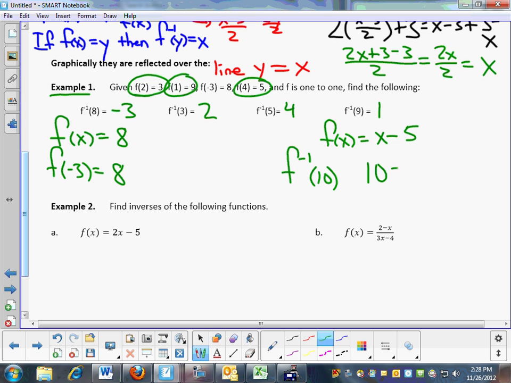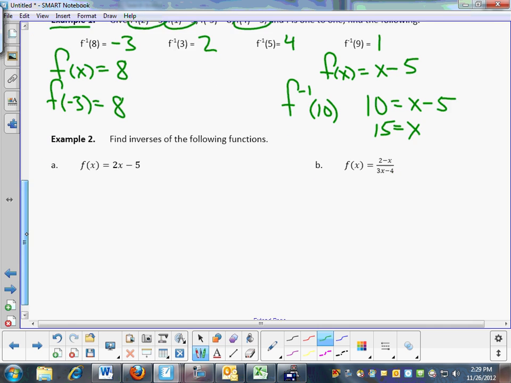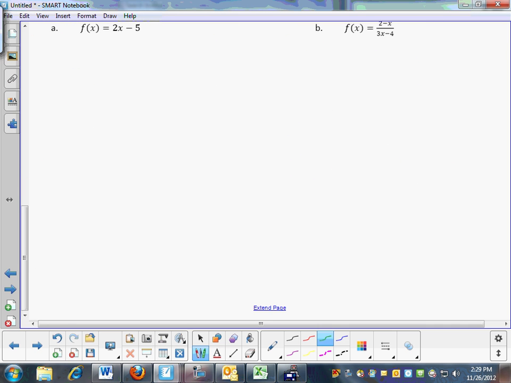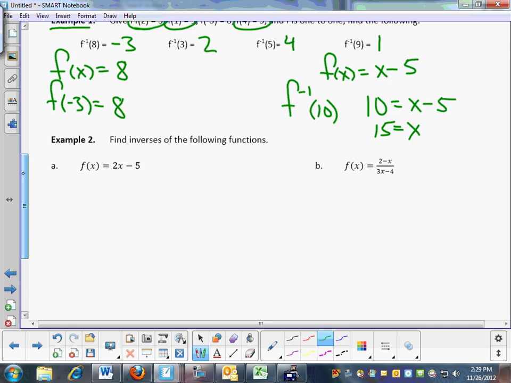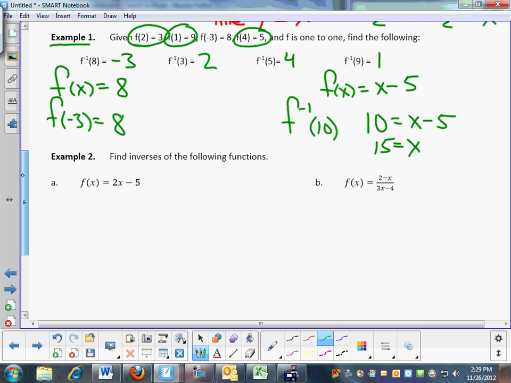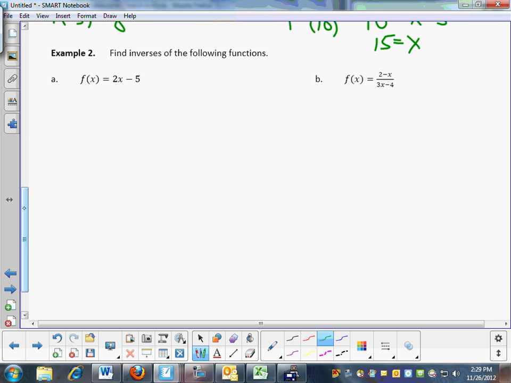So what input gives me an output of 10? 15. No problems. So that's the first type of example you're going to be asked to do. Okay, find inverses given values.